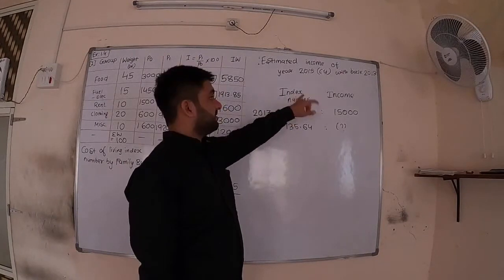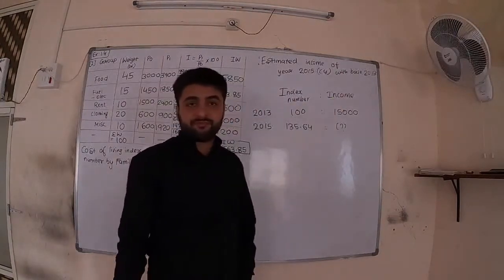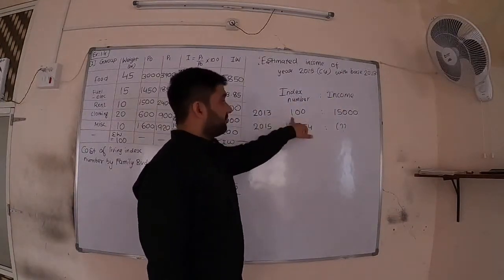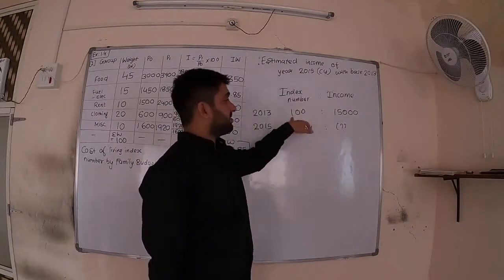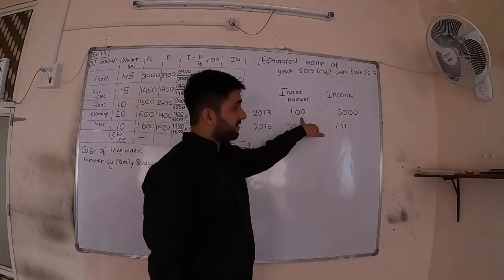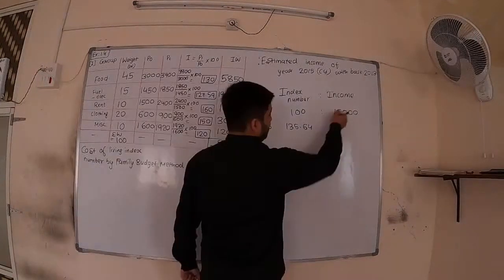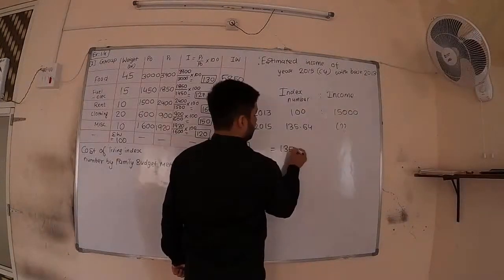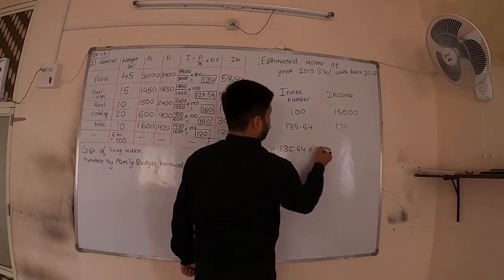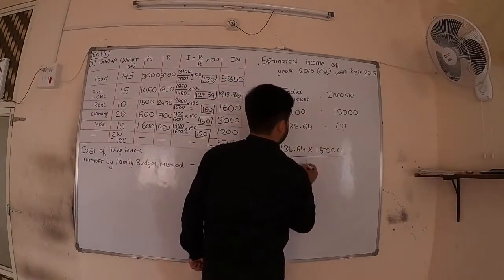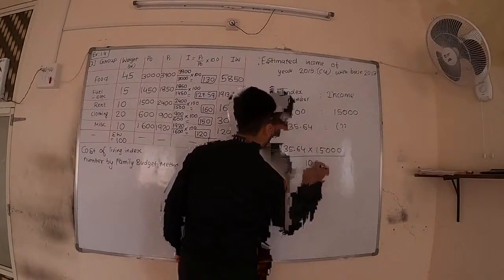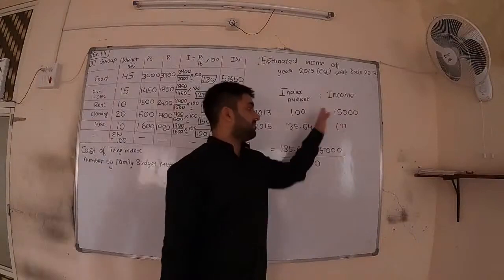Always take the ratio of index number to income. Index number of 2013 is 100 with base 2013. So multiply 135.64 into 15,000 divided by 100. Multiply both and divide.